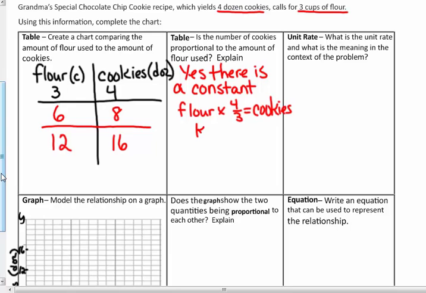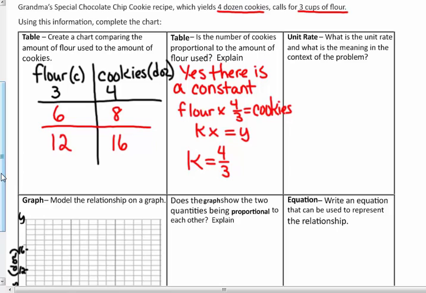So k times x, my constant 4/3 times my flour, x, gives me my y, or y equals kx. I can turn that around. Cookies is equal to 4/3 times flour, so y equals kx. Is there a constant of proportionality? Yes, it's 4/3.